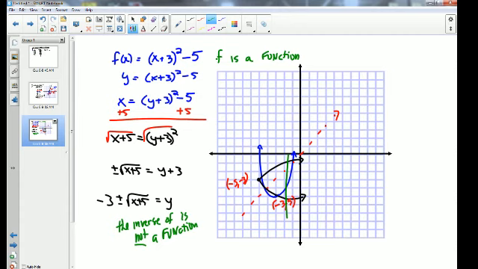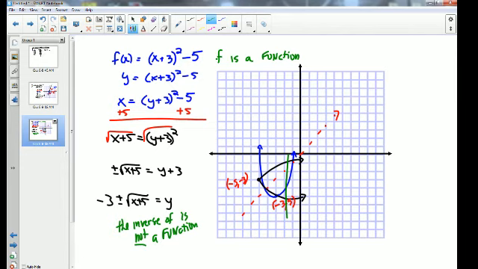No. If the original function does not pass the horizontal line test, the inverse is not a function. Well, it's quadratic. You know that it goes like this. Does it pass twice if you draw a horizontal line? Yeah.